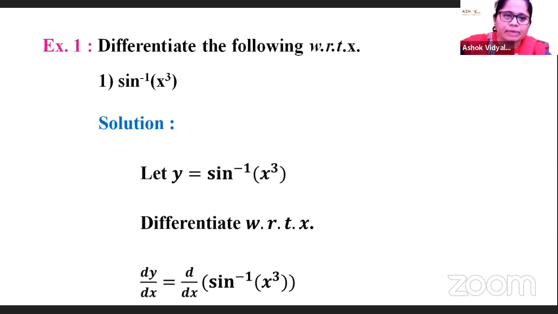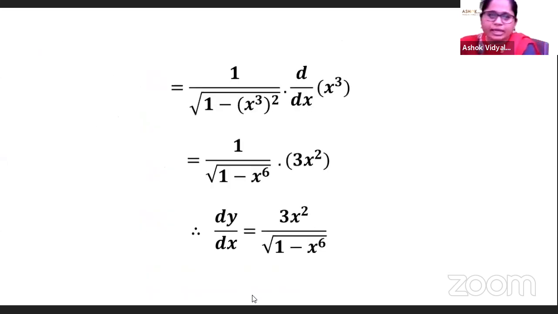We get dy by dx is equal to the derivative of sin inverse of x cube with respect to x. The derivative of sin inverse x is 1 upon under root 1 minus x square. We use this formula here: 1 upon under root 1 minus x cube raised to 2, into the derivative of x cube, because here we use the chain rule, this being a composite function.